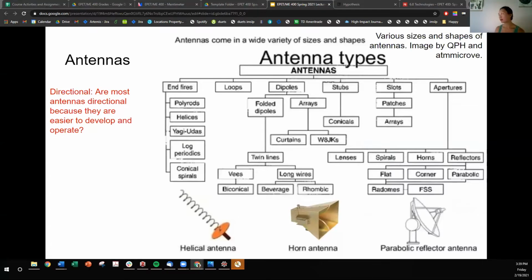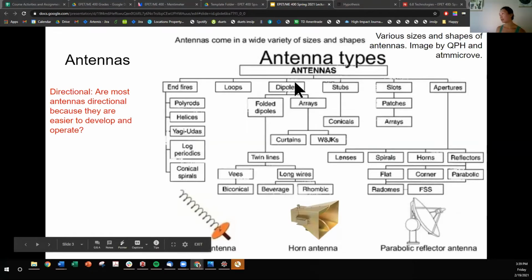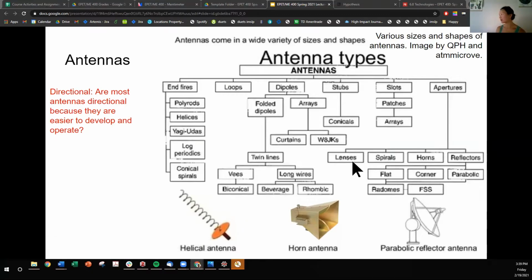So let's talk about the various technologies from that block diagram. Antennas are a huge portion of the technology space. You can see there are a ton of different types of antennas, where we've got dipoles, which have subcategories in themselves. We've got a lot of aperture antenna types.